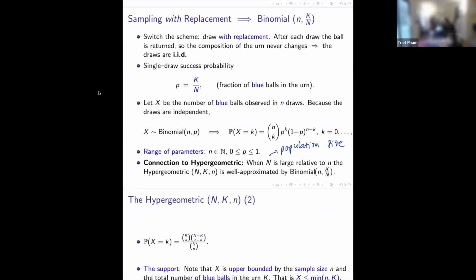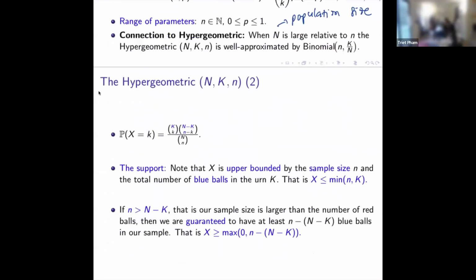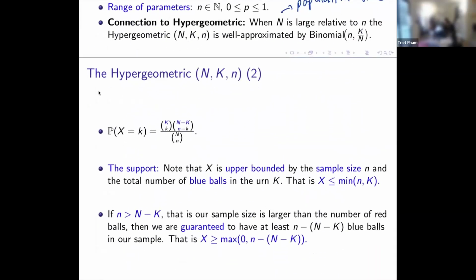So for that reason, the support of the hypergeometric is like this, meaning that the upper bound is set by the sample size and how many blue balls there are in the population group that you're sampling from. So it's bounded by those two.